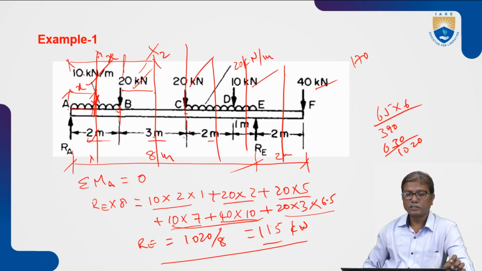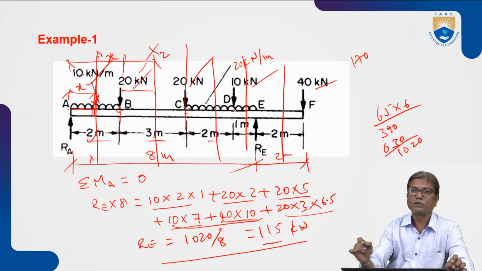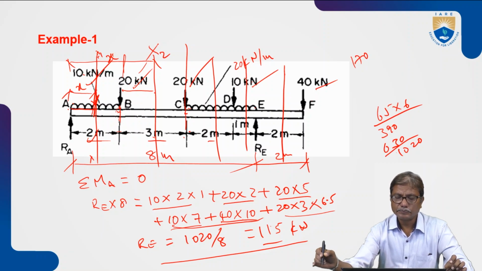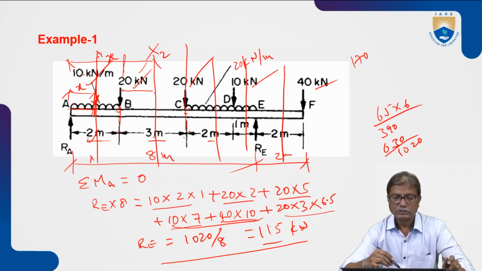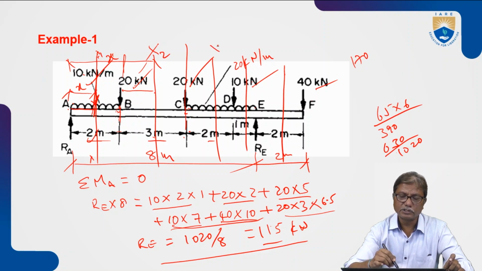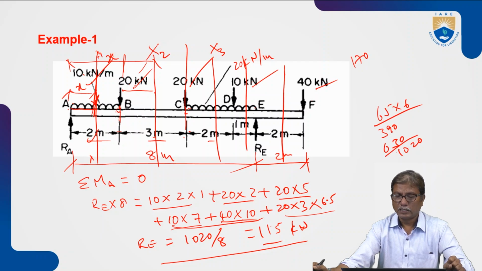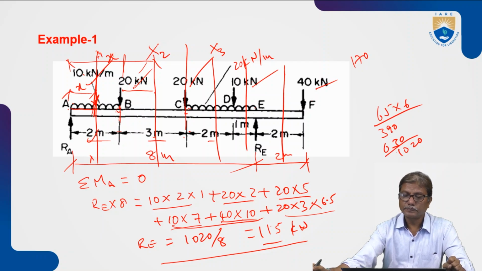We have to consider the third section between C and D, because there is a change of load here. A point load is there at D. So consider the section between C and D, third section, X3. Where to consider the origin for this?